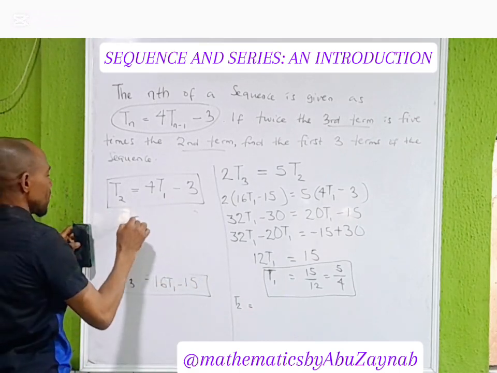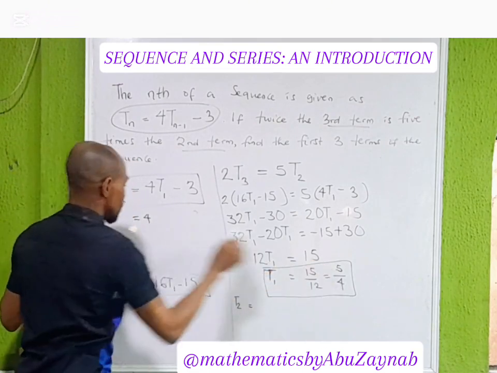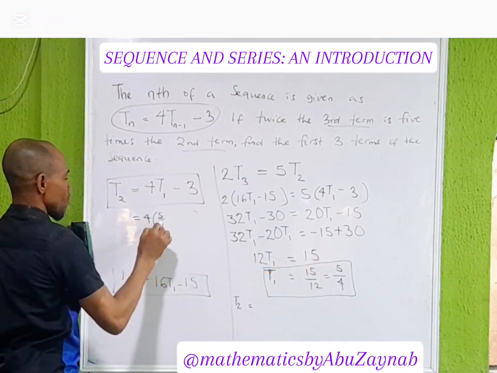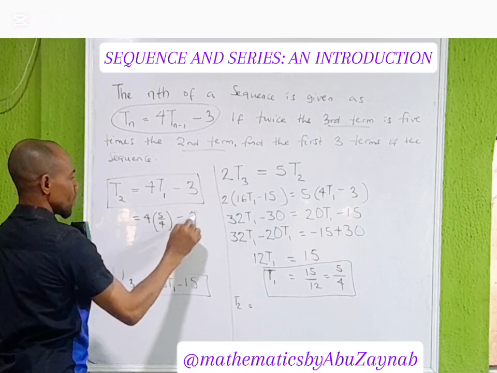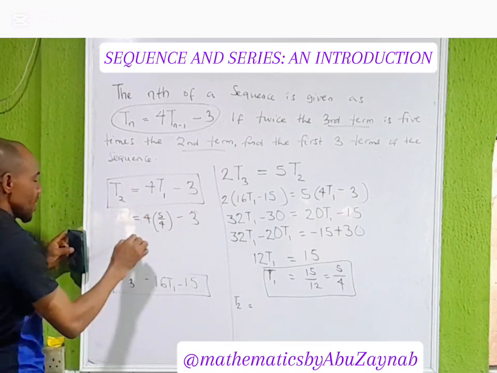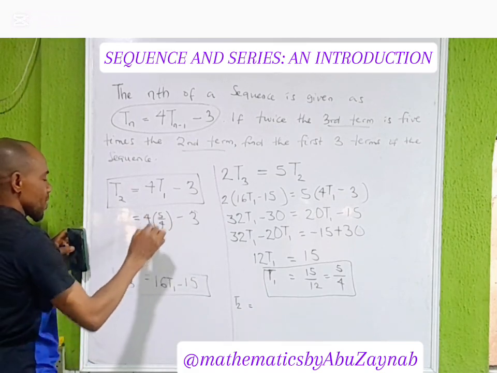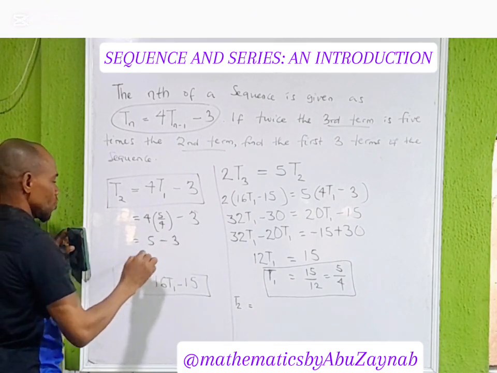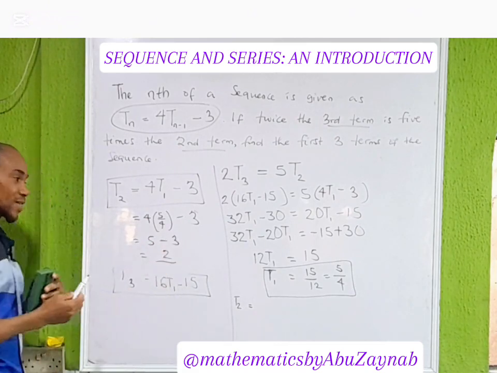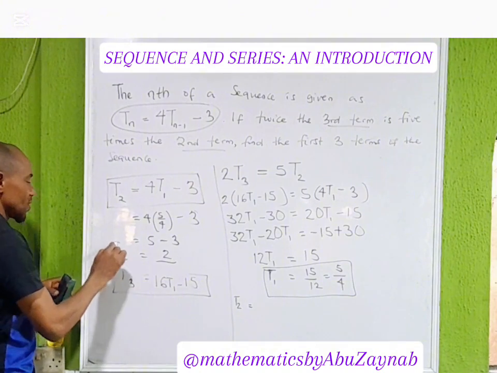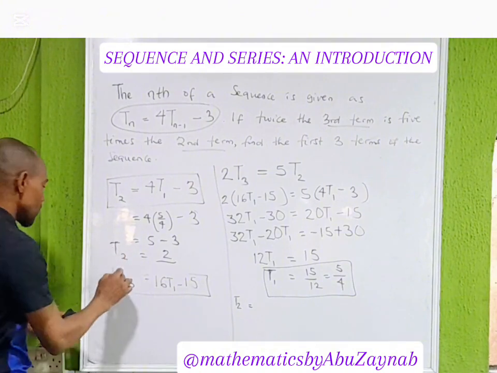So our T2 will be 4 times, what's T1? The value is 5 over 4, minus 3 by the formula. Hence, 4 cancels 4, we have 5 minus 3, which is 2. And that's our second term. So T2 is 2.